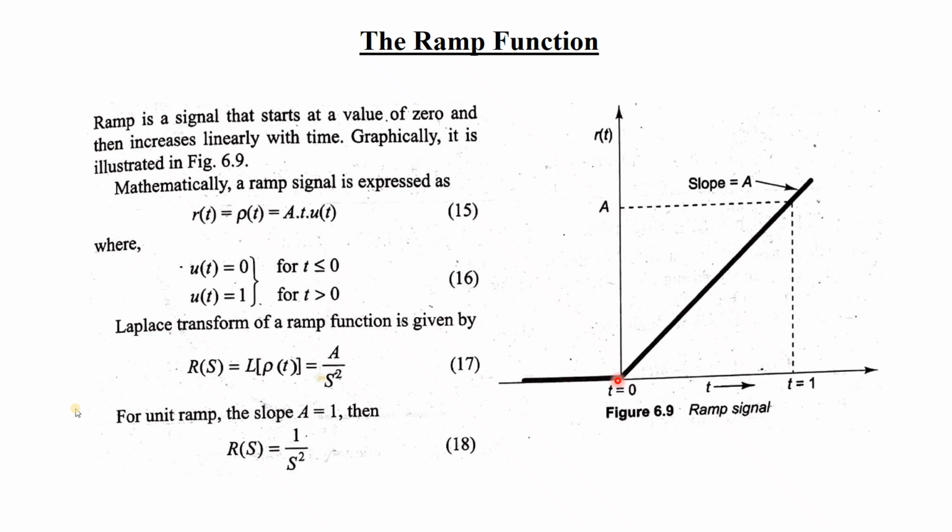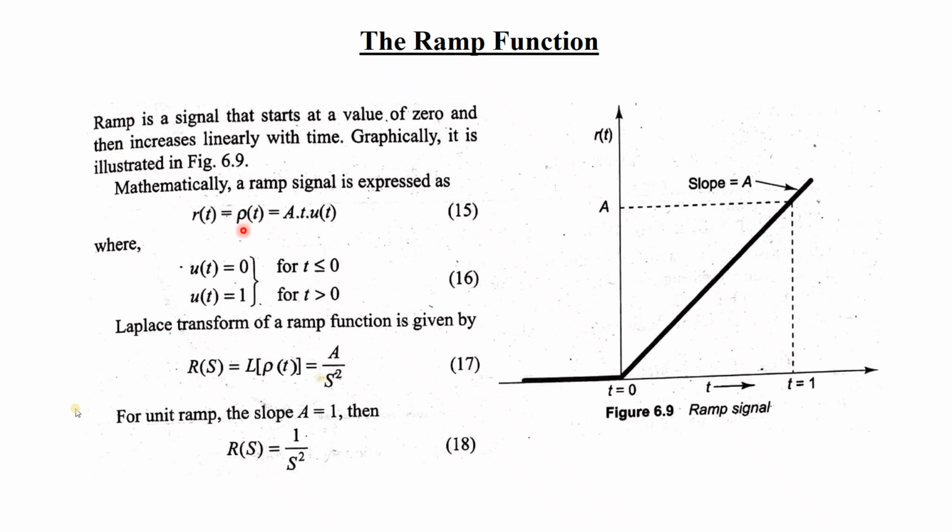When the time is less than 0, the amplitude is 0. But when the time is more than 0, you get a linear graph like this, and the output is equal to time.